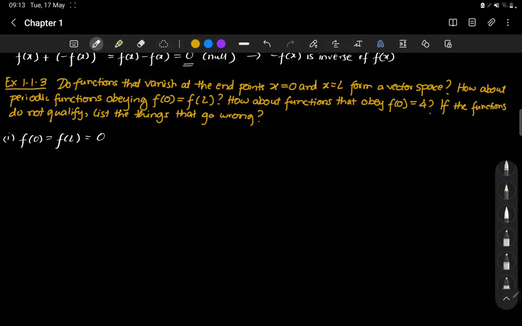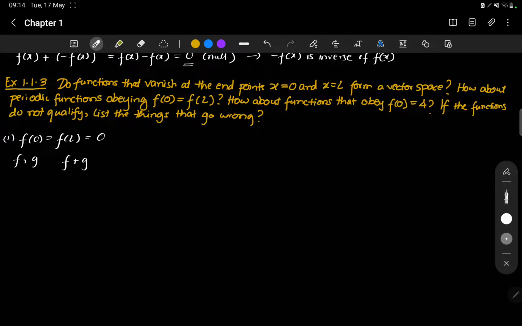Yes. So the first one is closure. Closure meaning if we have a function f and another function g, then f plus g is also another function existing in this set.